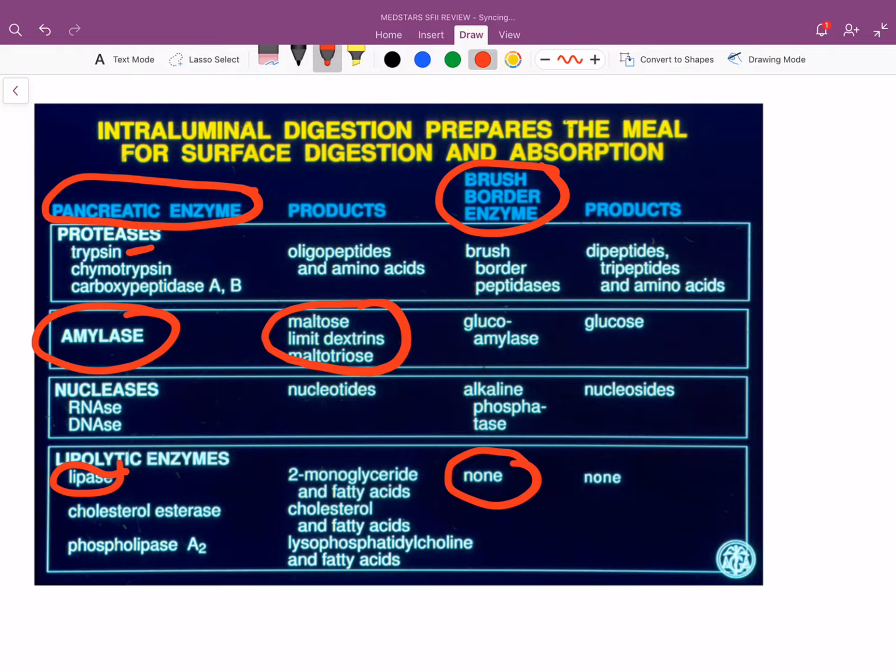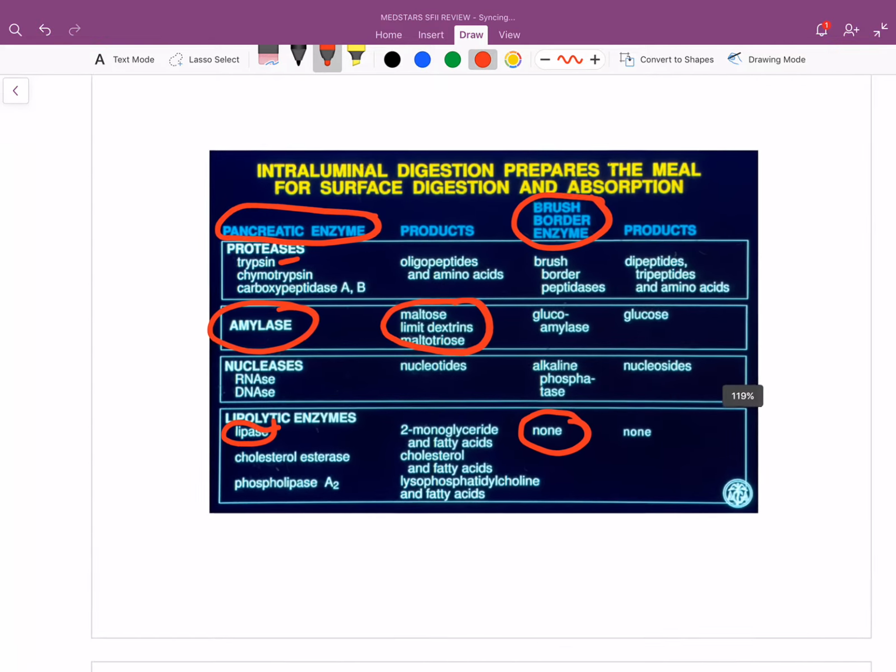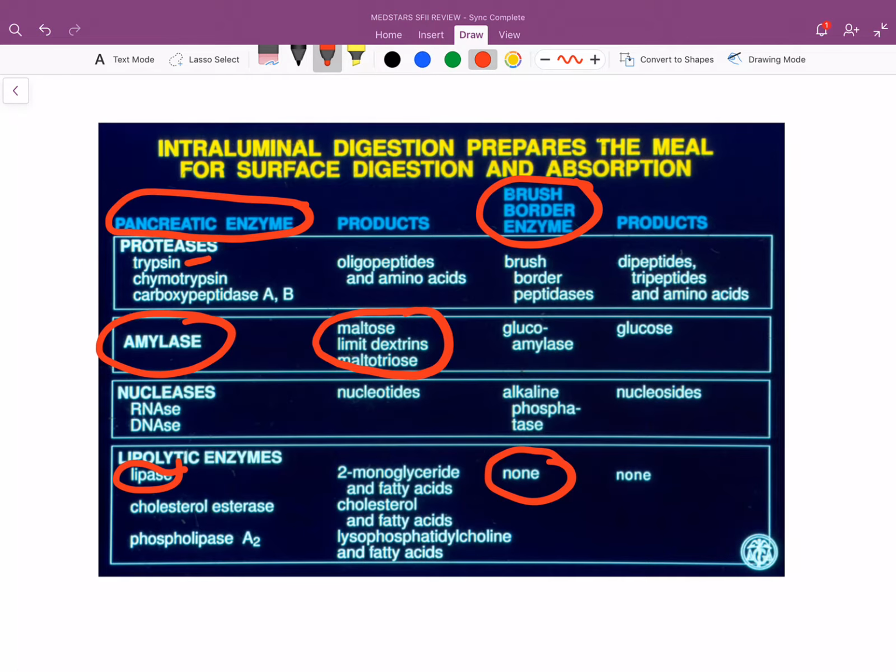Brush border enzymes do not digest fat, and that's a great segue into what we're about to talk about, because at this point we're talking about absorption. Brush border enzymes have enzymes for proteins and carbs, but not for lipids. So we have to figure out how to get lipids through the brush border and into the enterocyte.